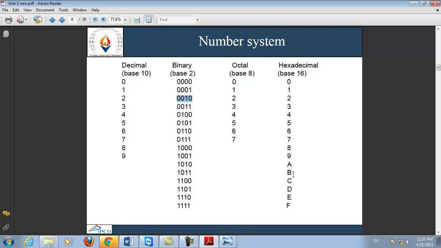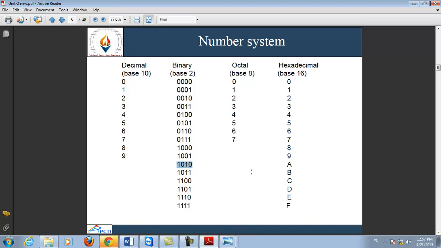Means if you want to find out the binary equivalent of 2A base 16, then the value equivalent of 2 is 0010 and the value equivalent of A is 1010.